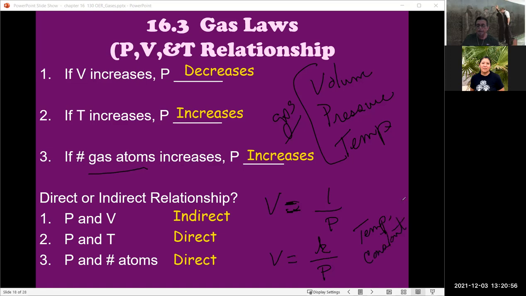And so we can set up a bunch of experiments where we keep the temperature at whatever temperature you want to keep it at. Let's just say 50 degrees Celsius. Okay. And we play with the volume and the pressure. And so we have an X amount of volume. We measure the pressure. Change the volume, measure the pressure again. Change the volume again, measure the pressure. We get a multiple of data points.